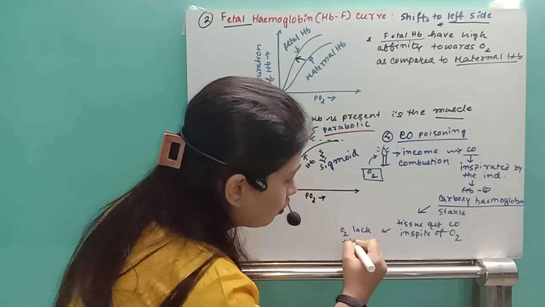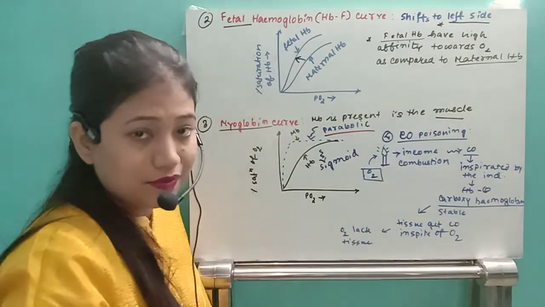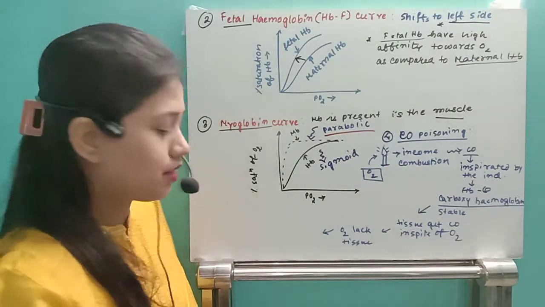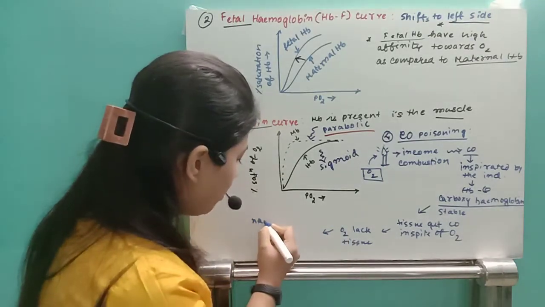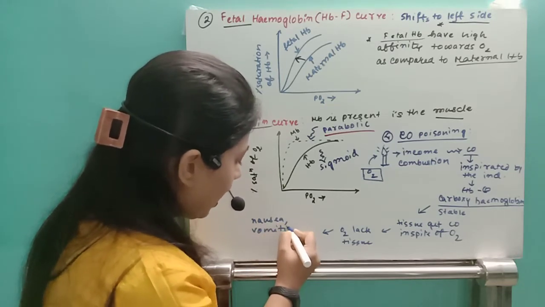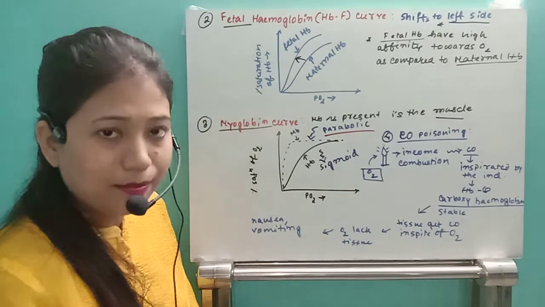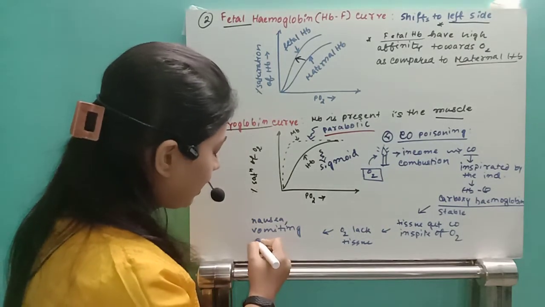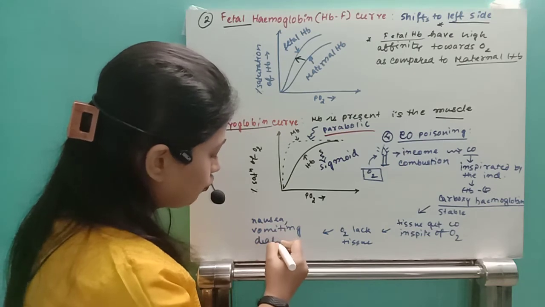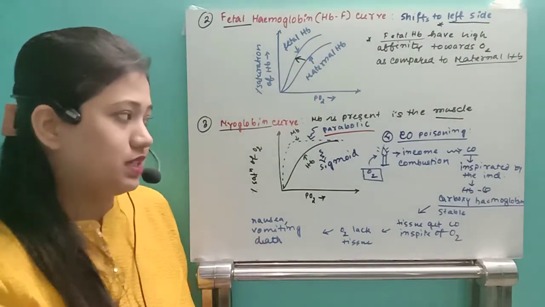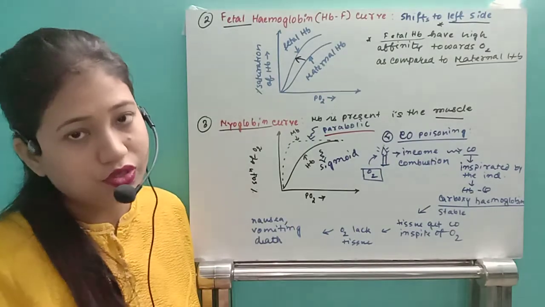The tissues will not get oxygen sufficiently, so that can lead to a condition. First of all, that individual will have nausea, then vomiting. And in the extreme case, what will happen after that? That individual can die also, it can lead to death also. So remember that. This is carbon monoxide poisoning.